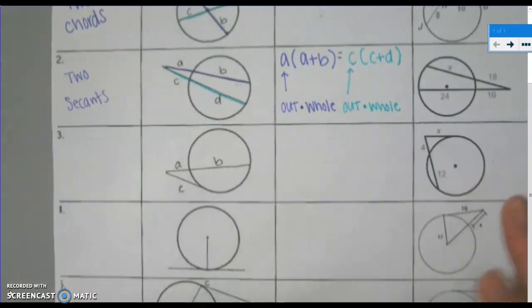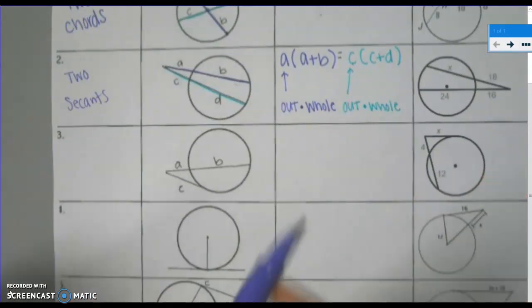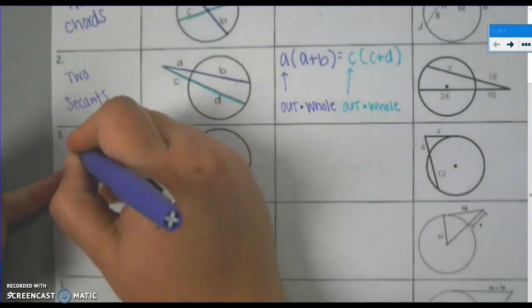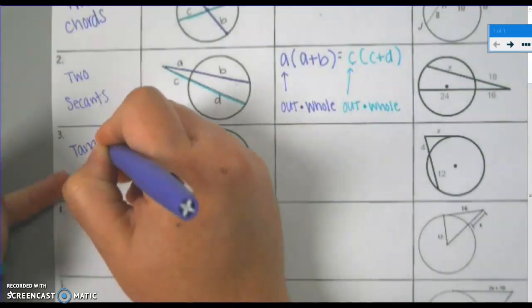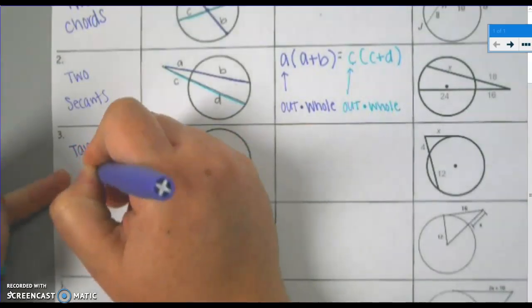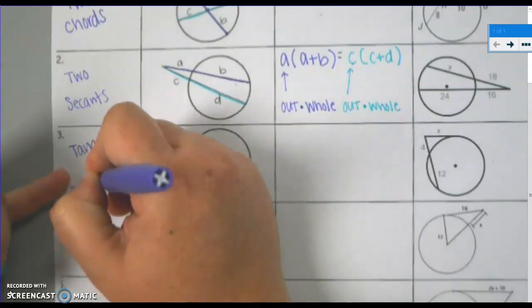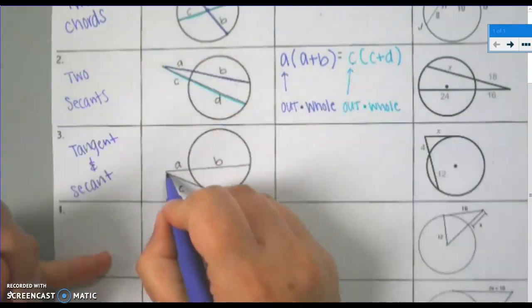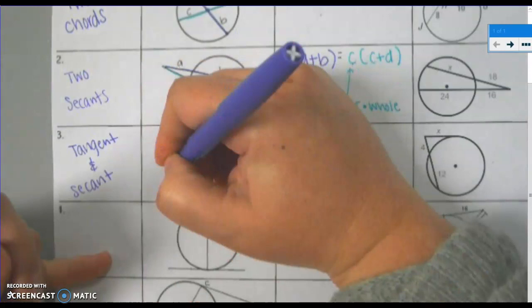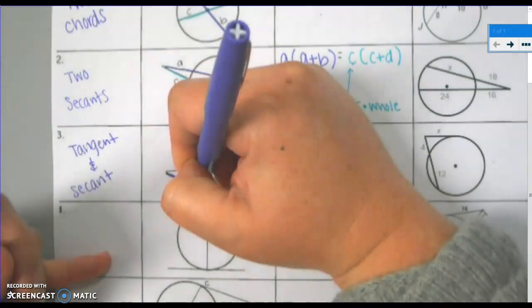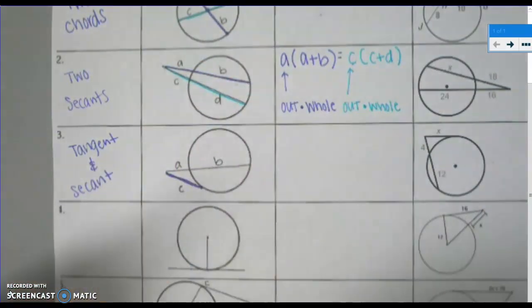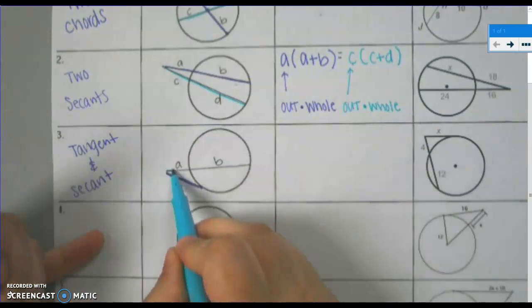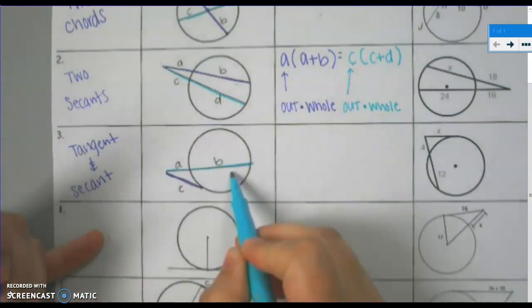All right, number 3, we have a secant and we also have a tangent. So our tangent piece is just one piece. Our secant is still an outside piece and an inside piece.